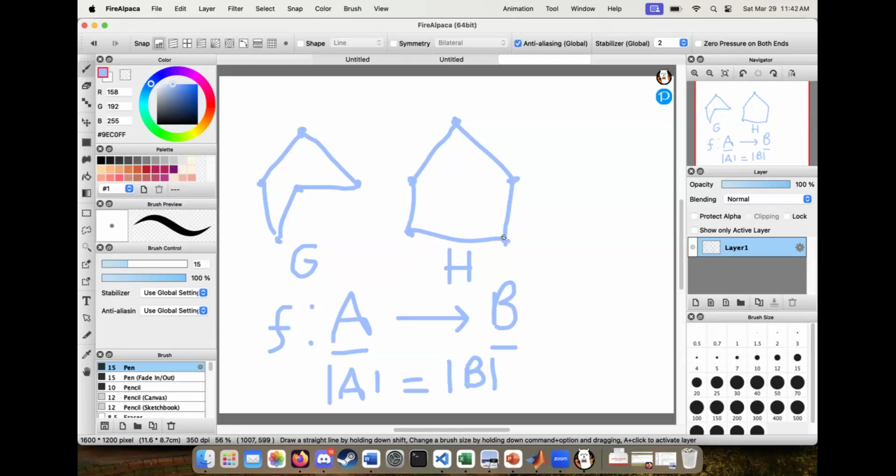To prove this, I can have a function that, when I put in vertices from the graph G, outputs vertices in graph H that have the same qualities.